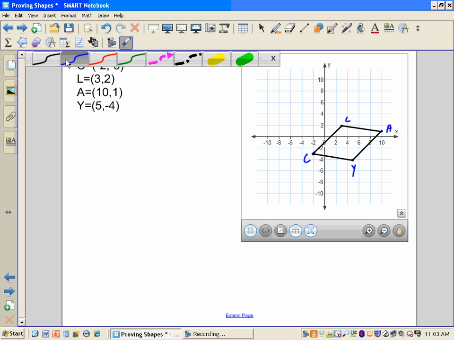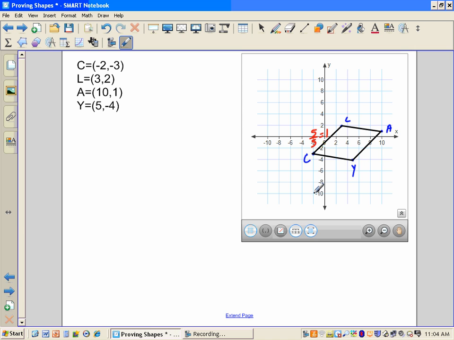What does this look like? Well, to me, it looks like a parallelogram. And so the first thing I want to do is find the slopes of the lines. And if you don't mind, I'll just do rise over run right here on the graph again. So from C to L, I'm going up 5, over 5.